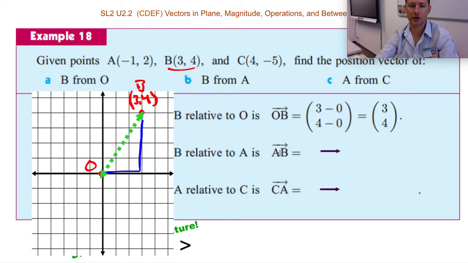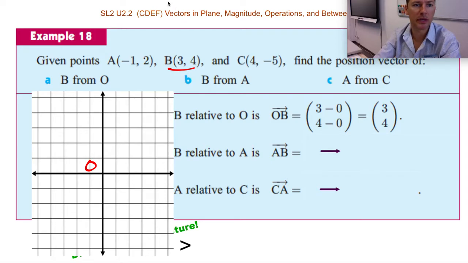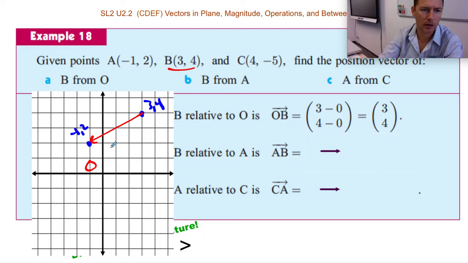So let's take that idea and try this from A to B. Let me erase this mess. Here's B. It was at 3, 4. And A is -1, 2. So we want to be able to go from A to B, right?